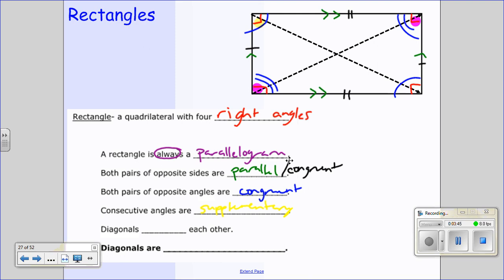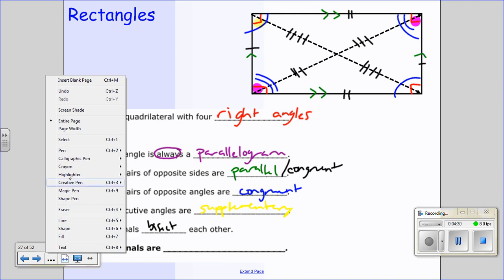So the diagonals will bisect each other, just like a parallelogram. So this would get 3 tallies, and this other side would get 3, and then this one would get 4, and this one would get 4. So that's what it means to bisect. Cut each other into 2 equal parts.